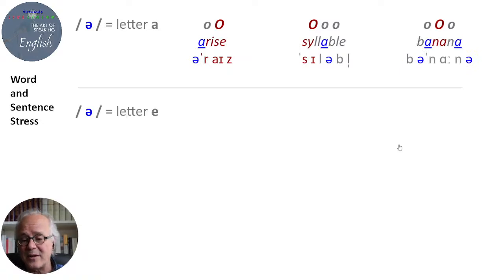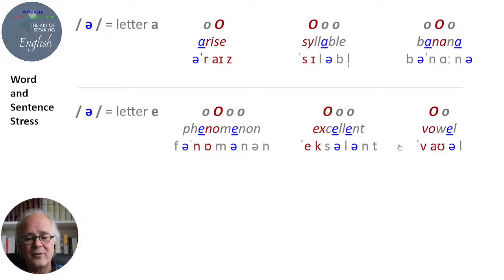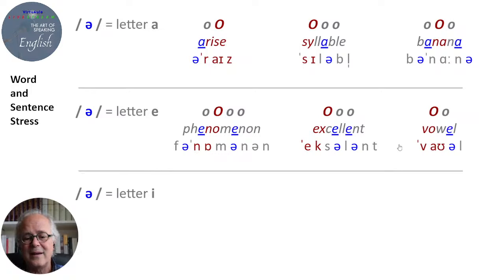It can be represented by the letters AE, as in the word phenomenon. You see it's represented a couple of times there. Excellent, first syllable is stressed, the second two syllables are unstressed. We have vowel. Okay, the second syllable is not stressed.